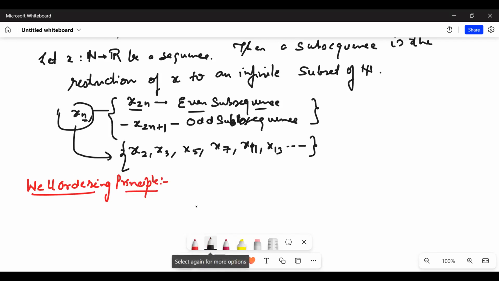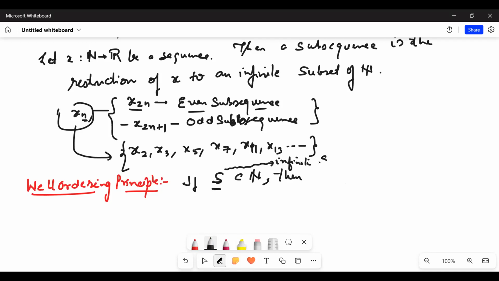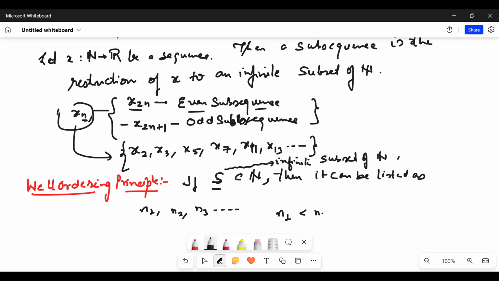It suggests that if S is a non-empty, and in fact let's say infinite, subset of natural numbers, then it can be listed as n1, n2, n3, and so on, in a manner that I can always arrange them in increasing order.